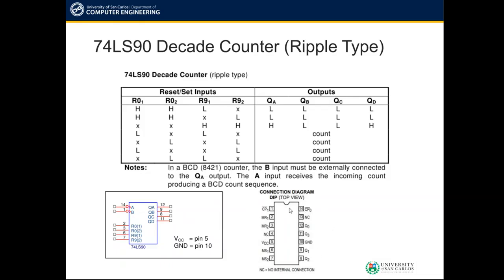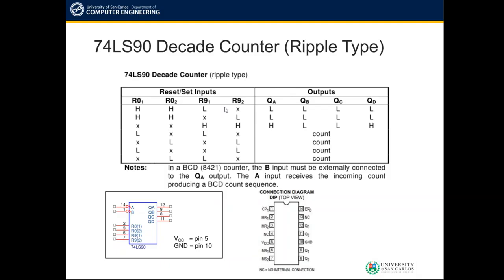You have here 2 clock pulses. And then MR1, MR2, this is your master reset. Based on the table here, whenever R1 and R2 are high, the value of your outputs is 0. And then MS1 and MS2 is master set.